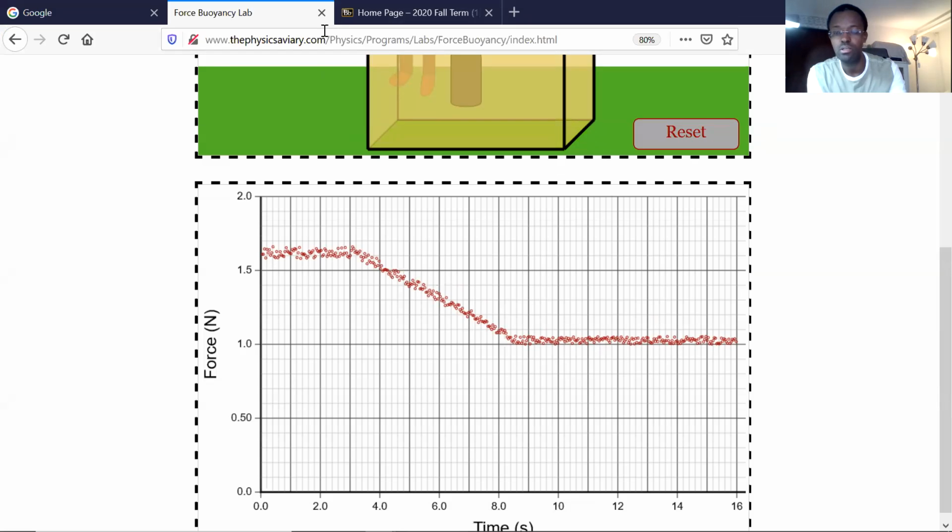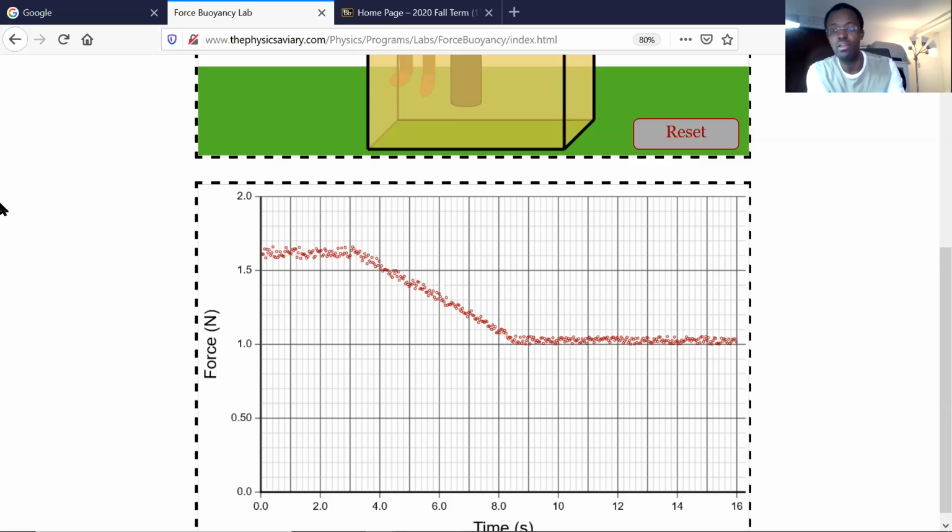Yeah, I was just asking if in this case, the force in the air would be 1.6, and the water would be 1. Yes, 1.6 Newton. That's the actual weight of this bottle, the force with which the entire moon is pulling on the bottle.